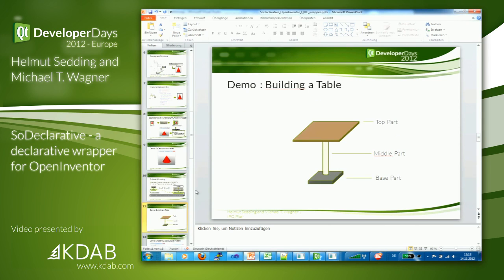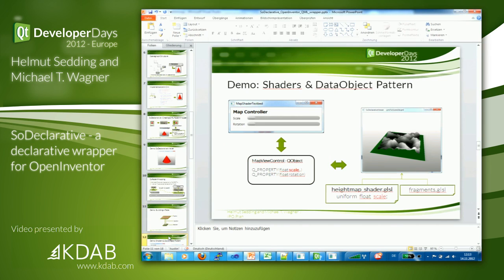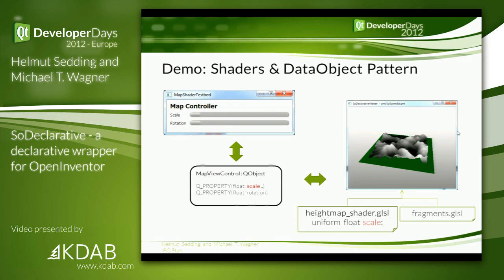For clarification, perhaps, what you see here. We've got a data model with Qt, which defines properties: scale and rotation.